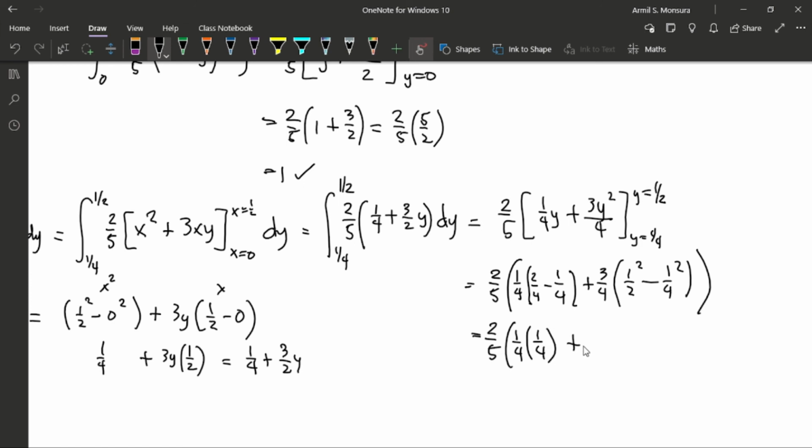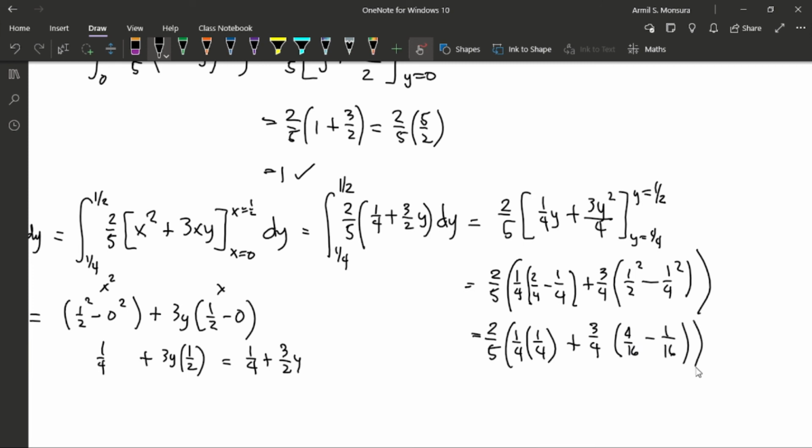Okay, so plus, this is 3/4 multiplied to 1/2 squared is 1/4. Okay, 1/4. Tapos yung 1/4 squared is 1/16. So, para ma-minus ngayon natin si 1/4 tsaka si 1/16, si 1/4 gawin natin 4/16 para ma-LCD sila. Okay? So this is at 3 over 16.